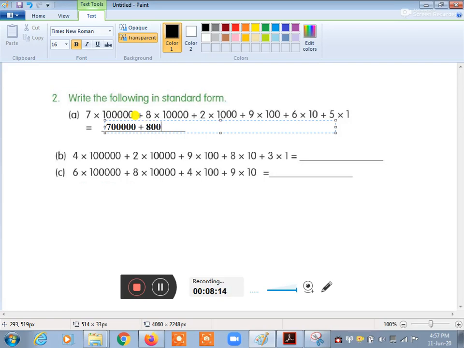So 80,000 plus 2,000 plus 900 plus 60 plus 5. So equal to 7 lakh 82,965.